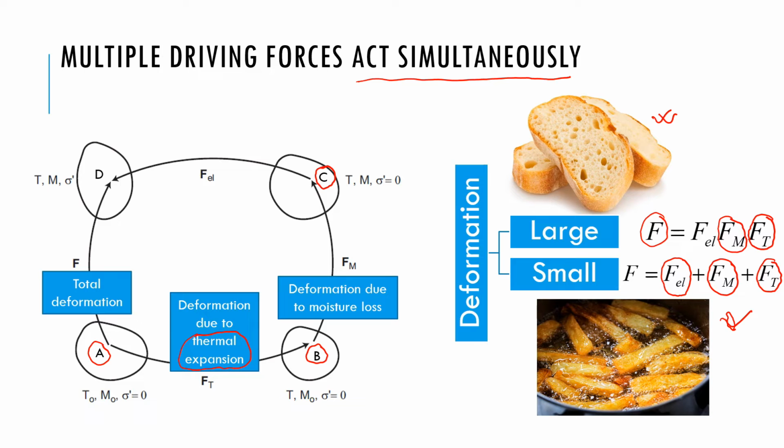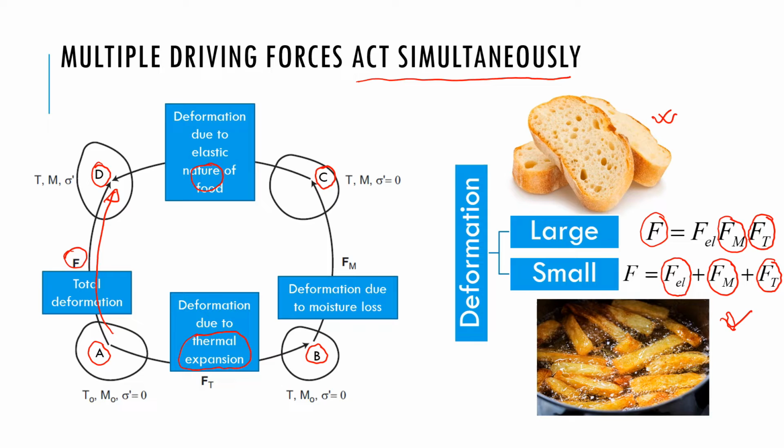And then, of course, finally, we have the consideration of the mechanical deformation. That's the F elastic, and that's the elastic nature of the food. And so that takes us to the state D. So the total deformation from A to D is really going through these three steps. That's kind of what's going on in these equations here for F, the deformation gradient.